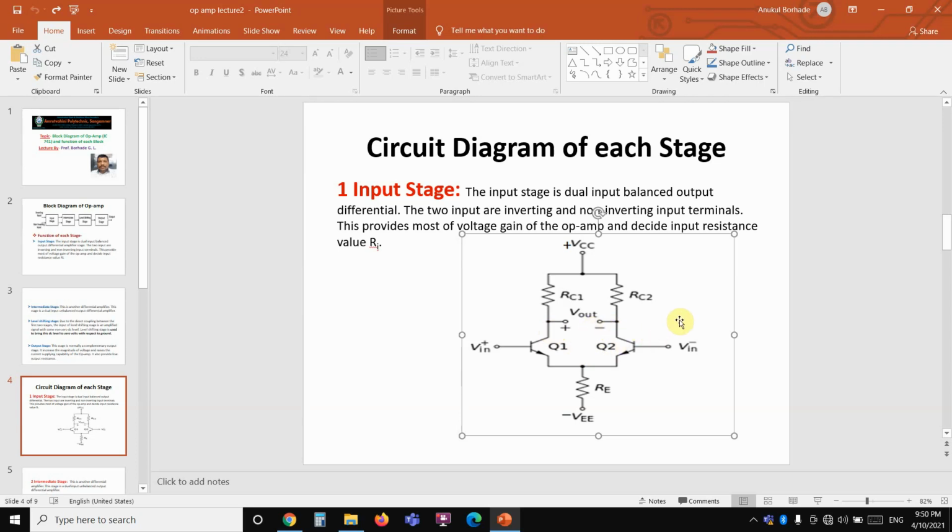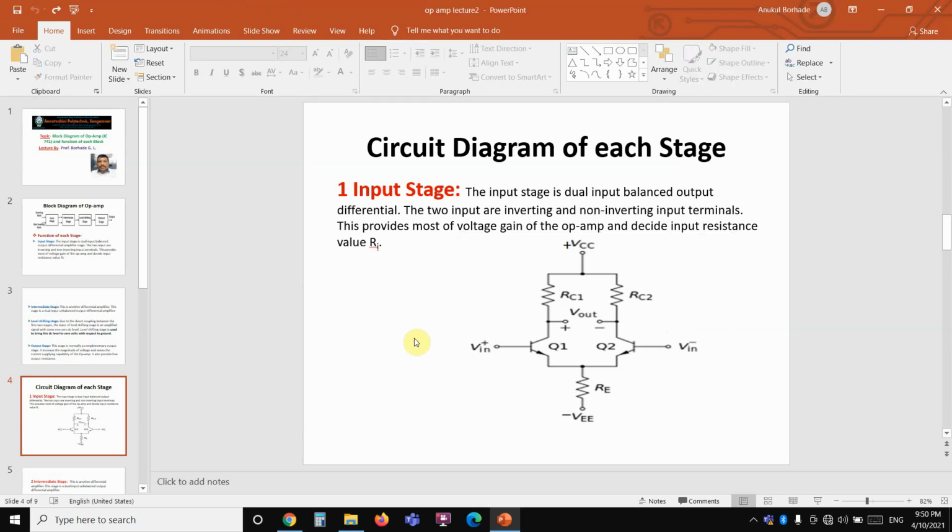Therefore, this stage is known as the dual input balanced output, and this stage provides most of the gain and decides the input resistance of the op-amp. Remember, the input resistance of the op-amp is always very high. Practically, it is 2 mega ohm.